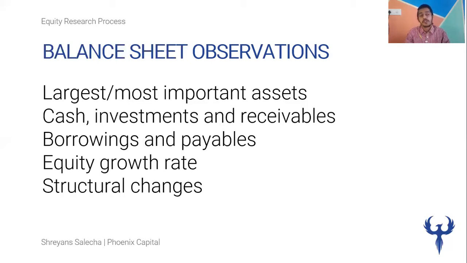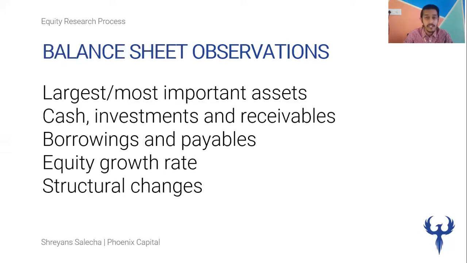And finally, I want to talk about structural changes. Now, these can be important, and when I say structural changes, this basically means a shift in the relative importance of the assets. So, for example, a lot of the times a company would be owning a lot of assets, right? But slowly it might move from owning assets to leasing the assets, and that is a sort of change, right? Or a company might make some decisions that lead to a change in the balance sheet structure.